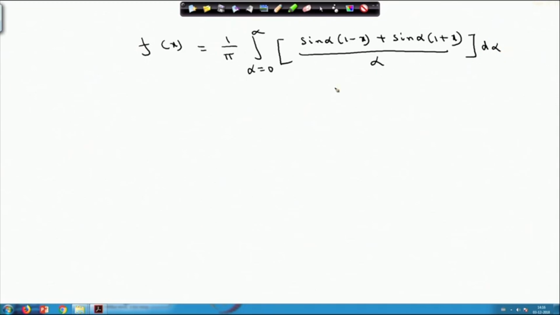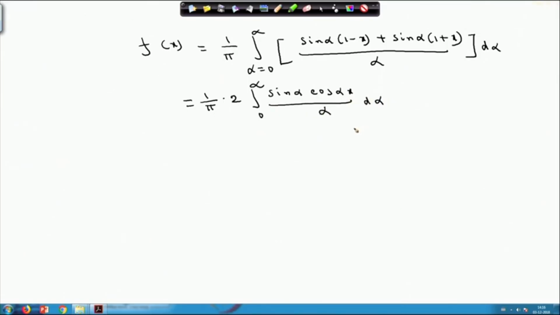So it is in the form of sin C plus sin D. So this equals 1 by pi into 2, integral from 0 to infinity of sine of alpha cos of alpha x by alpha d alpha.